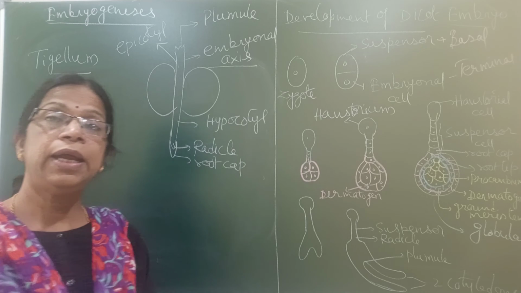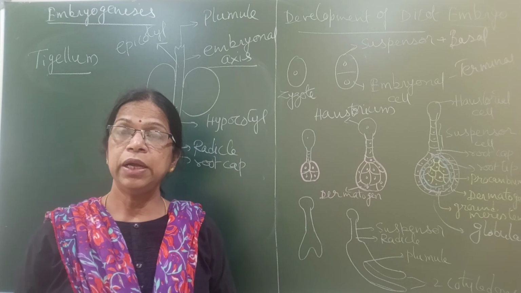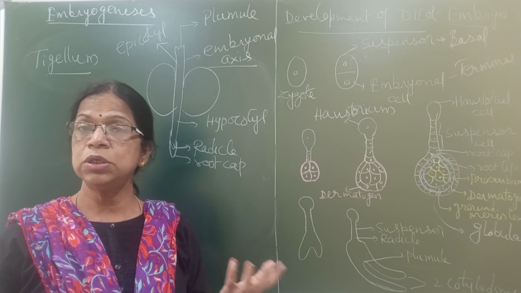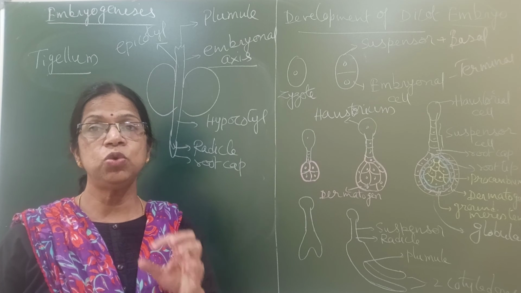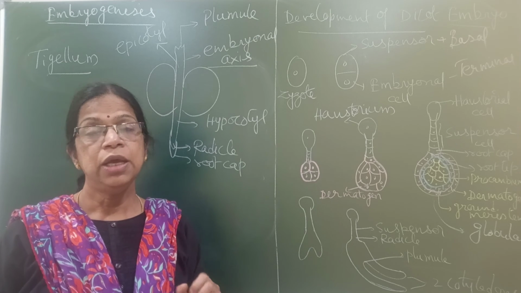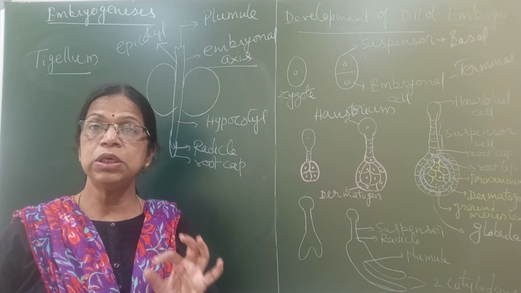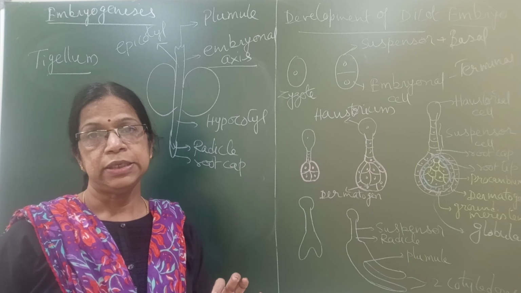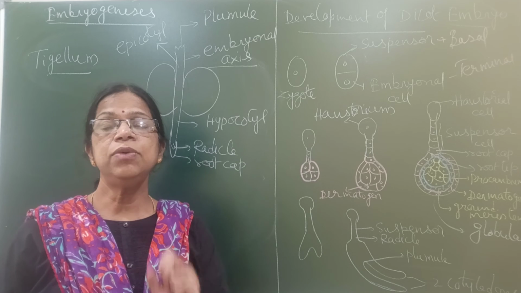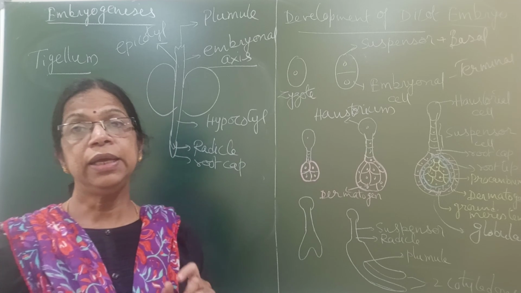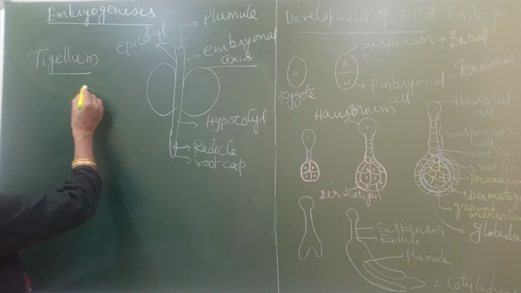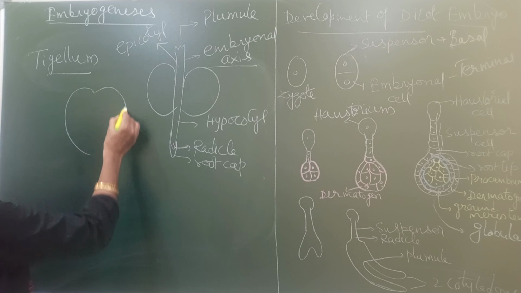Externally, a dicot seed has a seed coat: outer testa and inner tegmen. Two distinct seed coats are present, which are not found in monocots. The seed also has a clear scar, like in a pea seed.